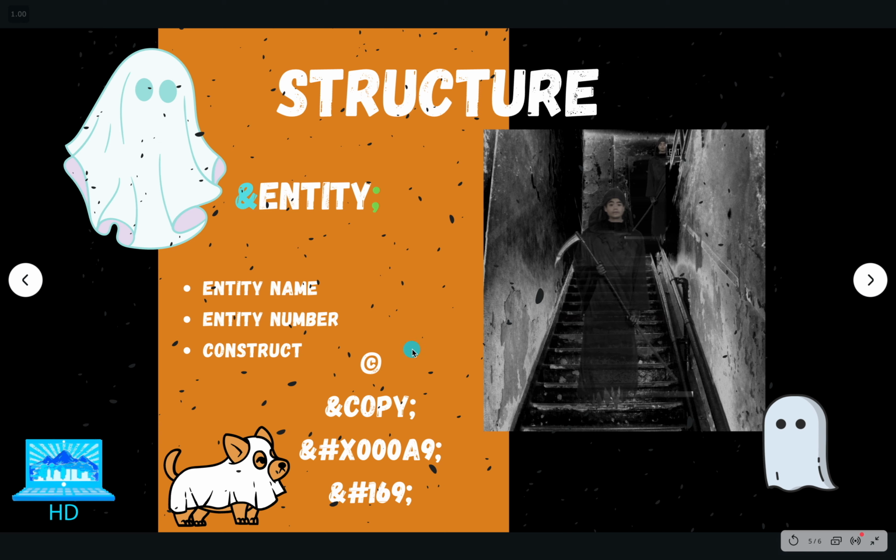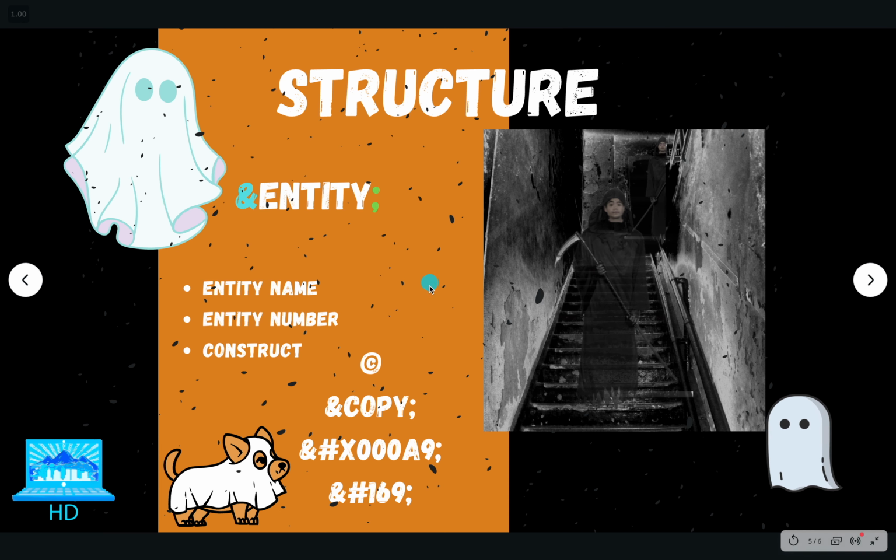The most common one that I've seen is the entity name, because it's very self-explanatory and well enough thought out that you know this is going to be something related to copy or the copyright. The second one would probably be the entity number. And lastly would be the construct, since it's just so much more to type. And developers are a little bit lazy.